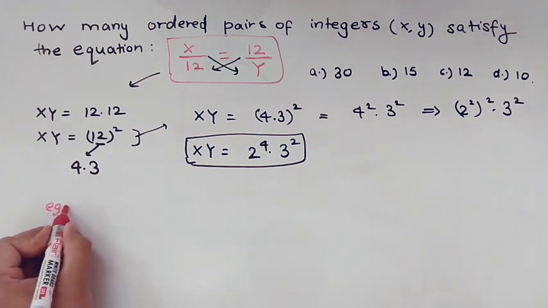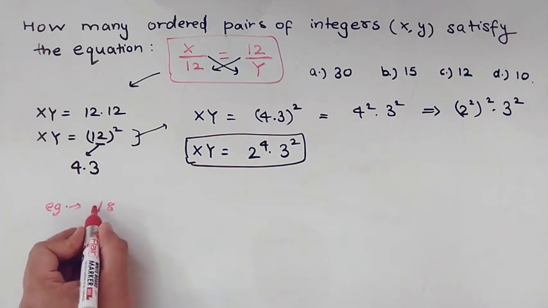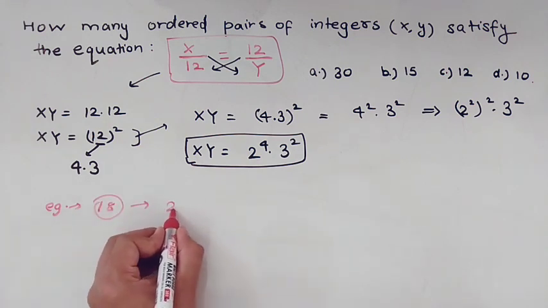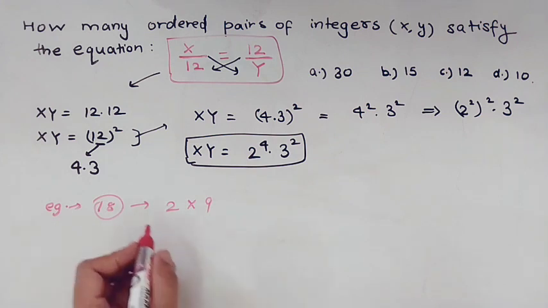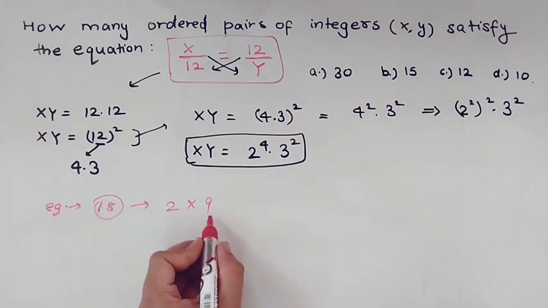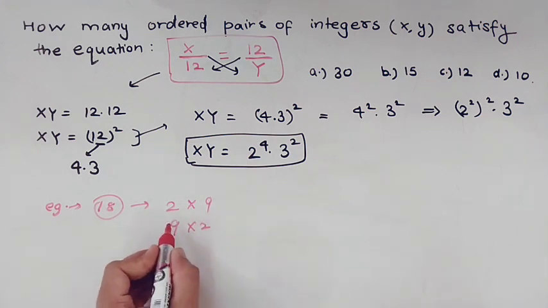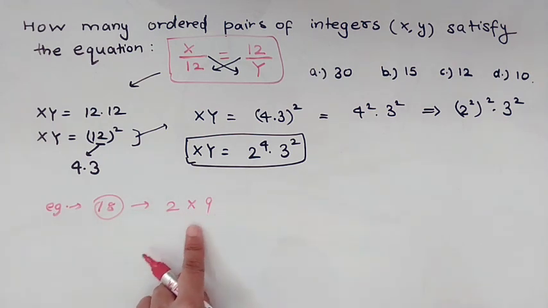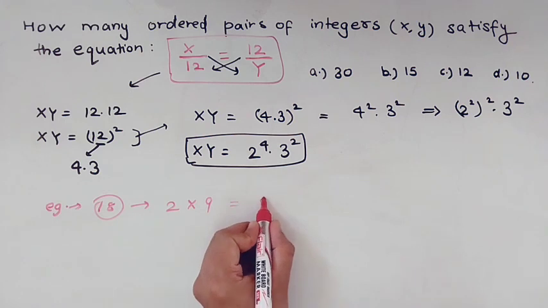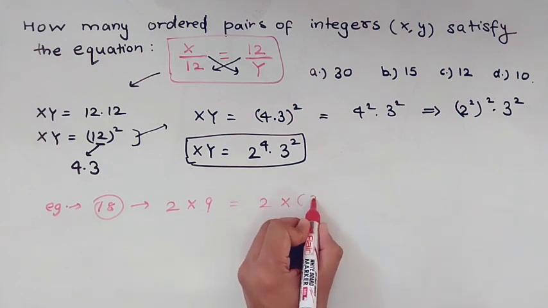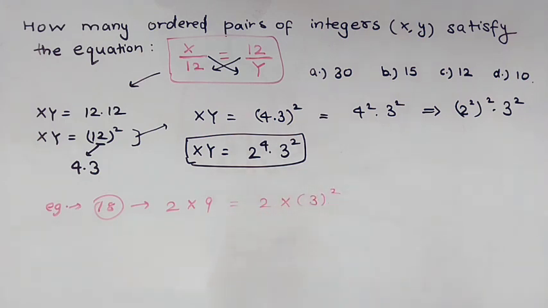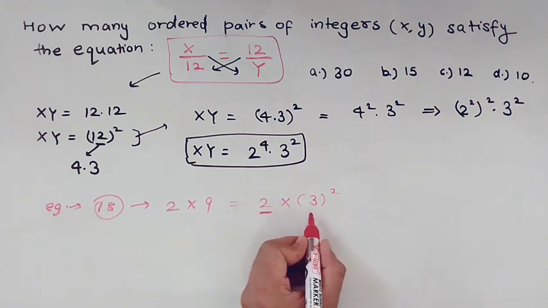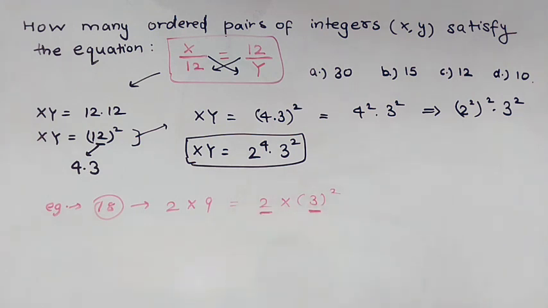An example we have is, for example, we consider 18. For 18 we can write it as 2 into 9, that is 18, or we can write 9 into 2, that is again 18. This 2 into 9 can be written as 2 into 3 raised to the power 2. Now see, 2 is a prime number and 3 is a prime number.